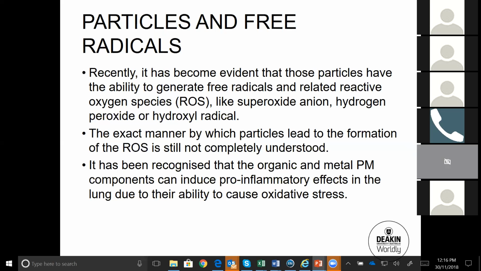But still, the very mechanism is not proved and not completely understood. It has been recognized that the organic and metal PM components can induce pro-inflammatory effects in the lungs due to their ability to cause oxidative stress. And more or less, that is what we know so far based on clinical studies.